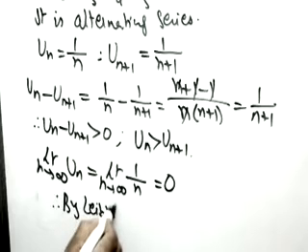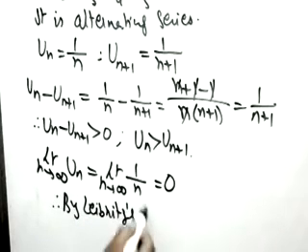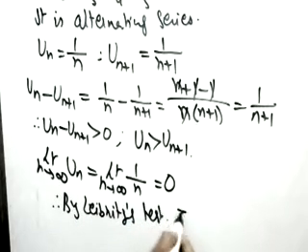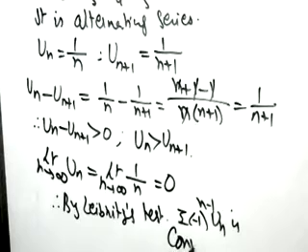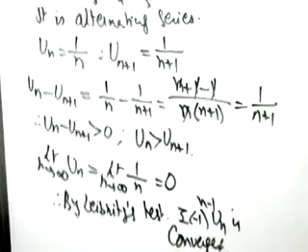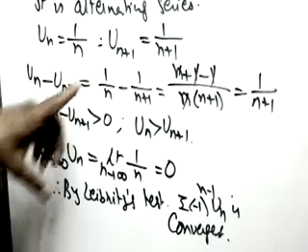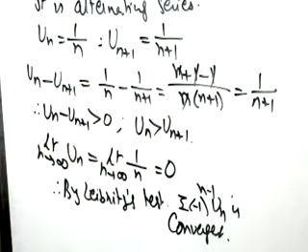Therefore, by the Leibniz test, sigma (-1)^(n-1) un, this alternate series, is convergent. If any one of these conditions is not satisfied, then we say this is oscillatory.